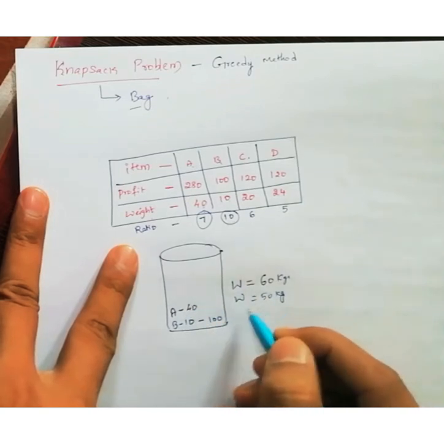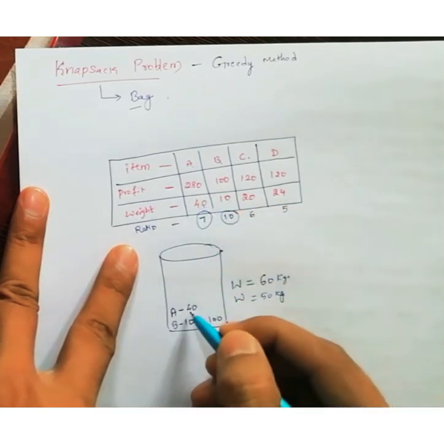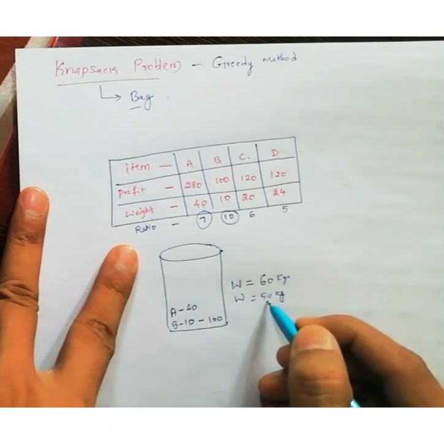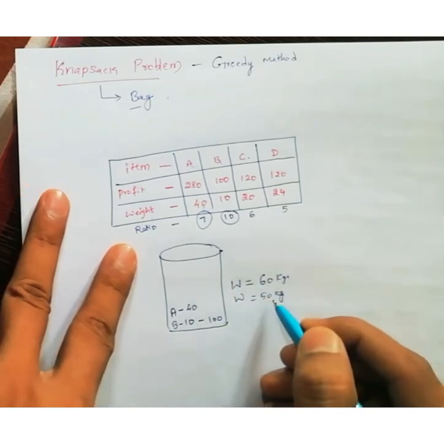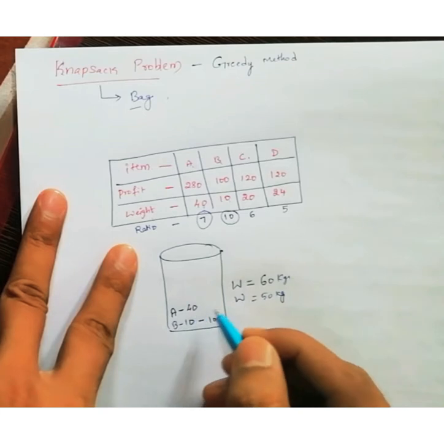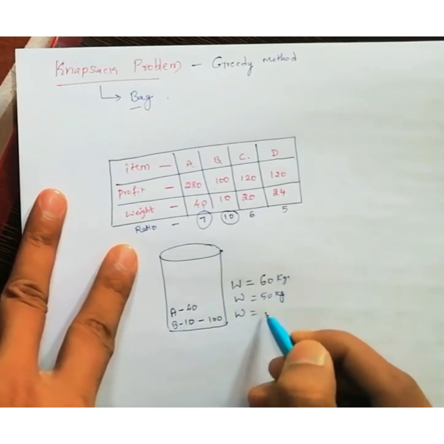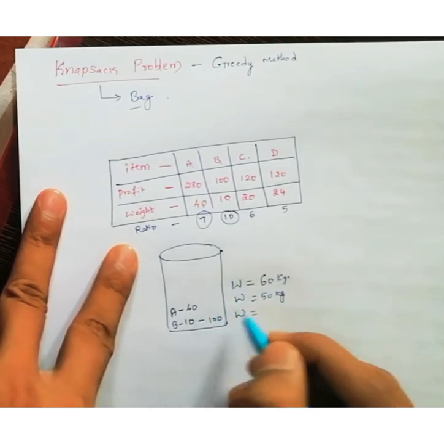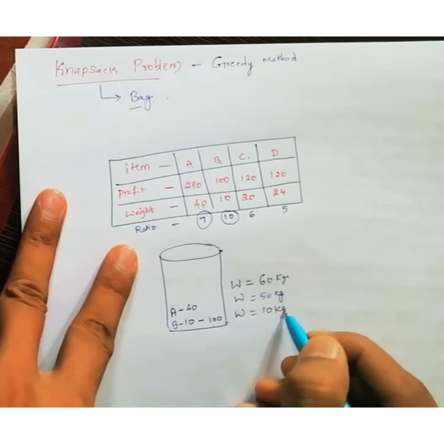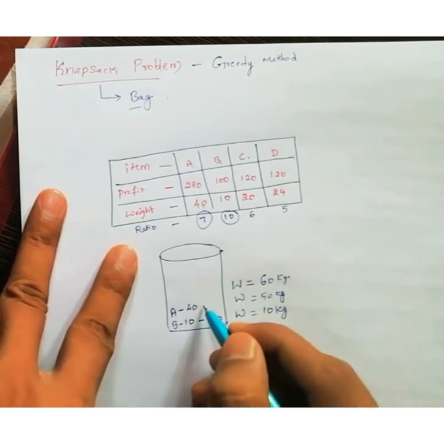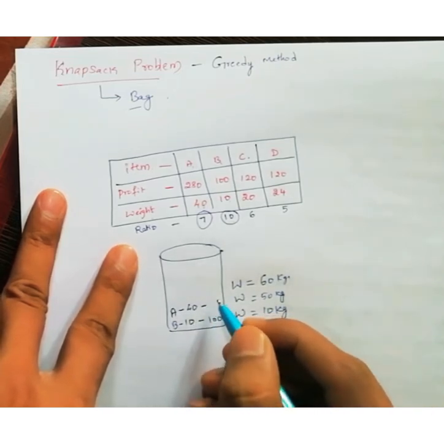Can I store 40 in this bag? Yes, because 50 kgs is still available. Out of 50, 40 kgs I can store. So the available weight is 50 minus 40, 10 kgs, after storing A. What is the profit of A? 280.